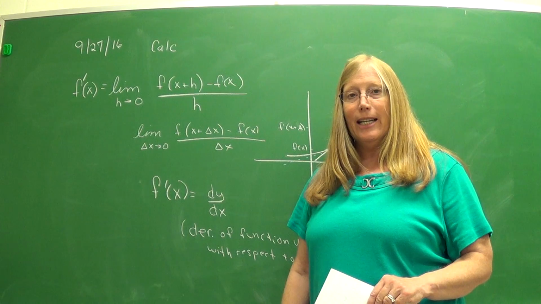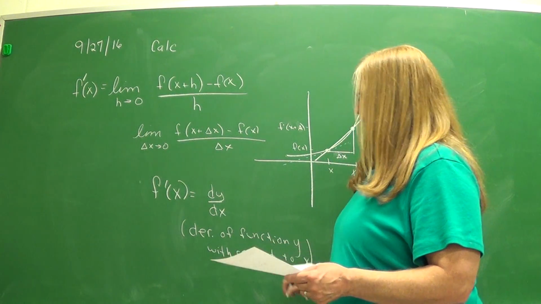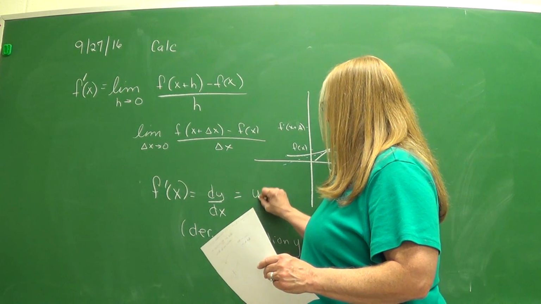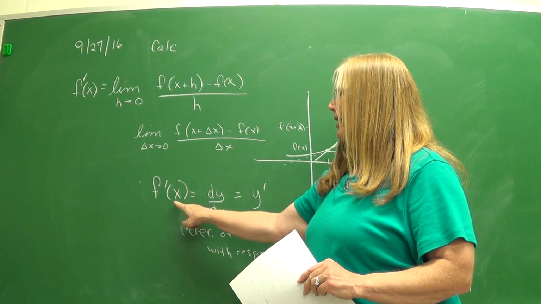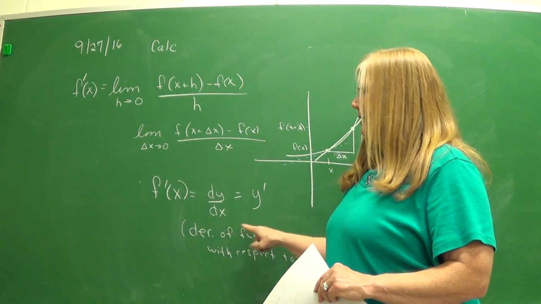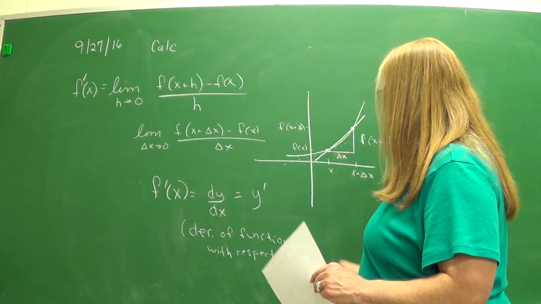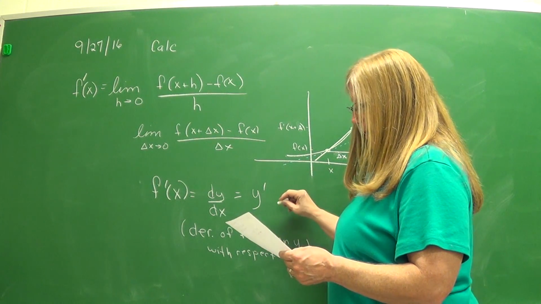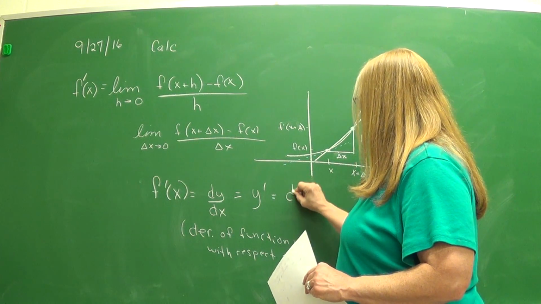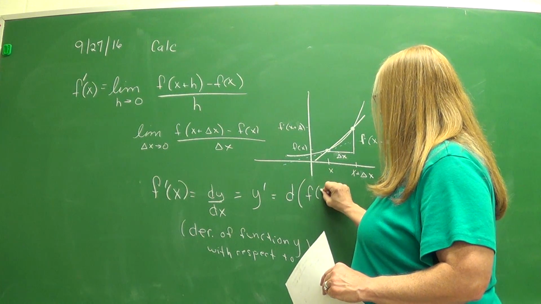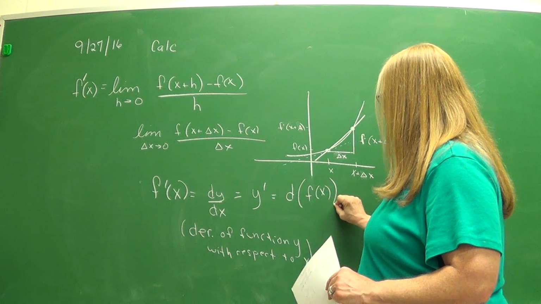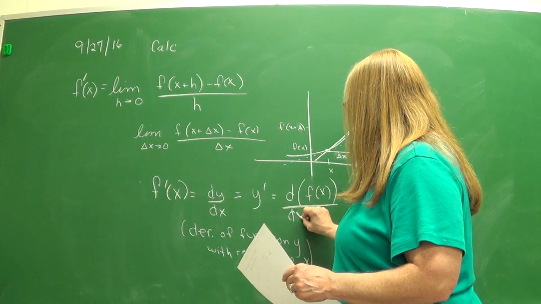It's read dy dx. Sometimes we write this as y prime, so we could change the f of x to y and call it y prime. Less commonly, but not unheard of, the derivative of the function f of x with respect to x.